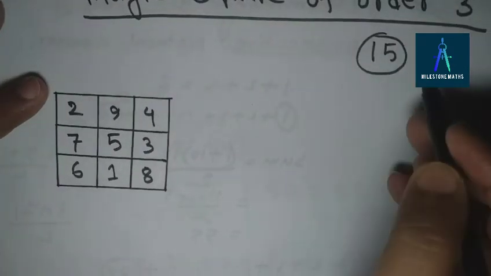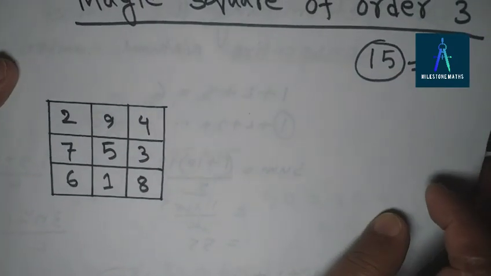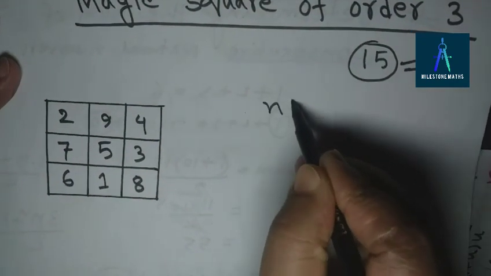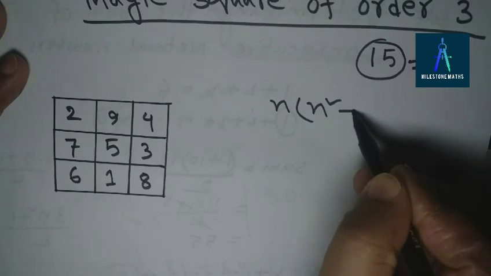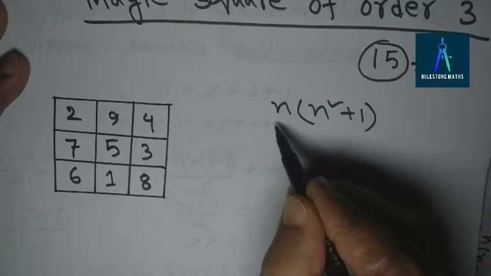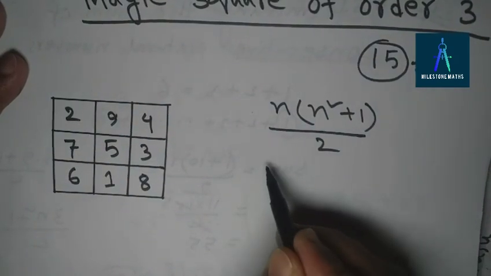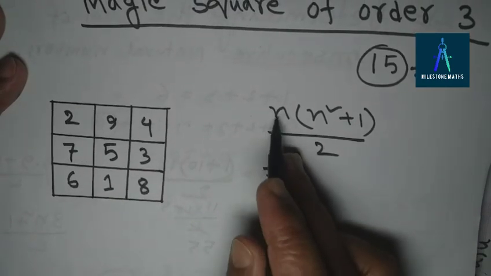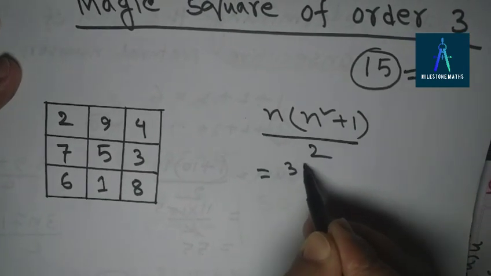So how do we get the 15? For the magic square of order 3, there is a formula. The formula is n into n square plus 1, divided by 2. Since it is order 3, instead of n we will write 3.